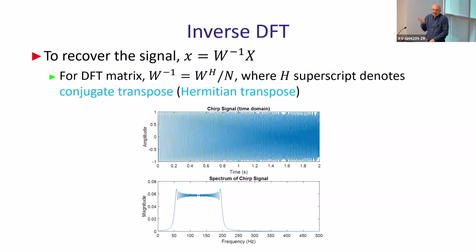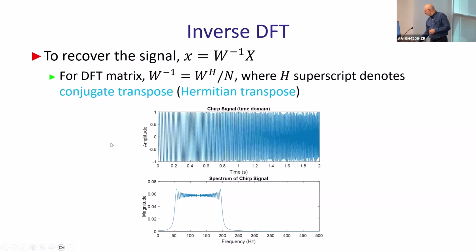It's not unitary. You need to normalize it to make it unitary. The norm of each column will be square root of n, which means that if you divide by n, the norm of each column will become one. Just normalizing by n, and this is why you have the division by n to invert the matrix. Otherwise it will not be correct.